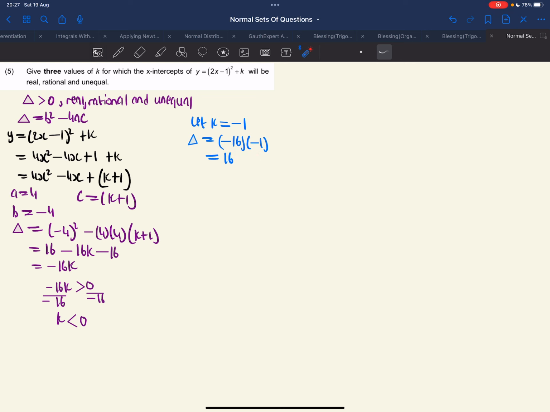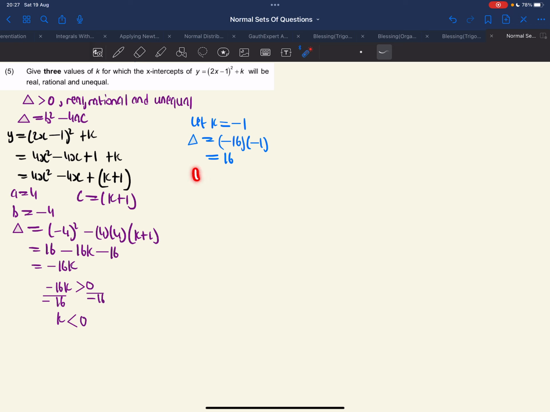Let's try -3. -16 times -3 gives 48, and the square root is 4 square root 3. That is still not valid. Let's try k equal -4.